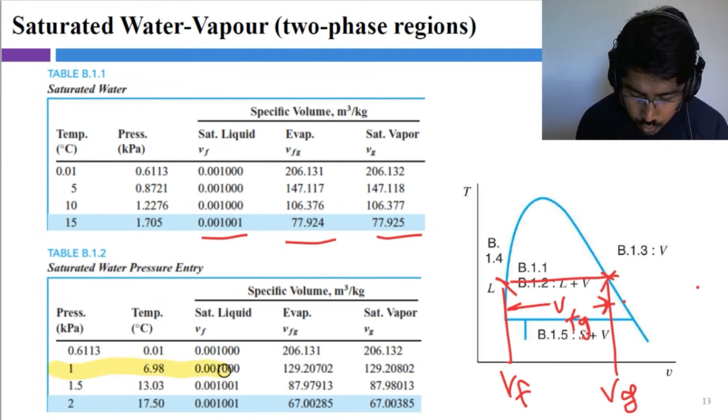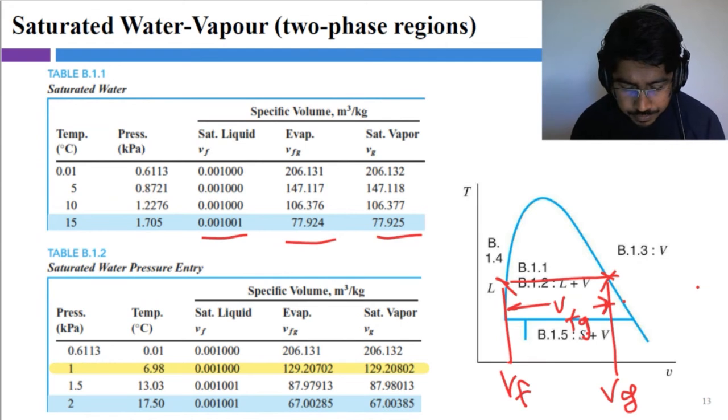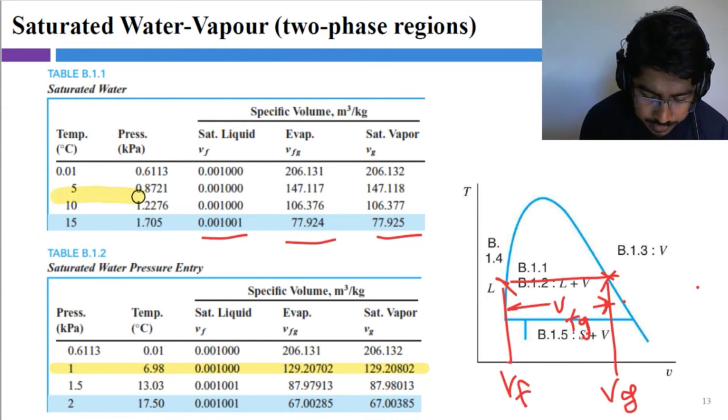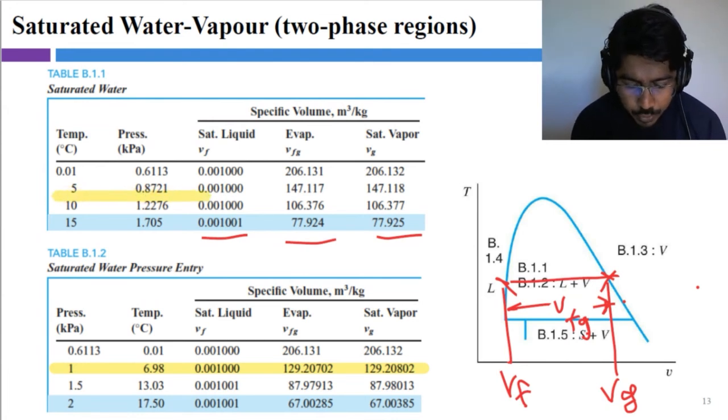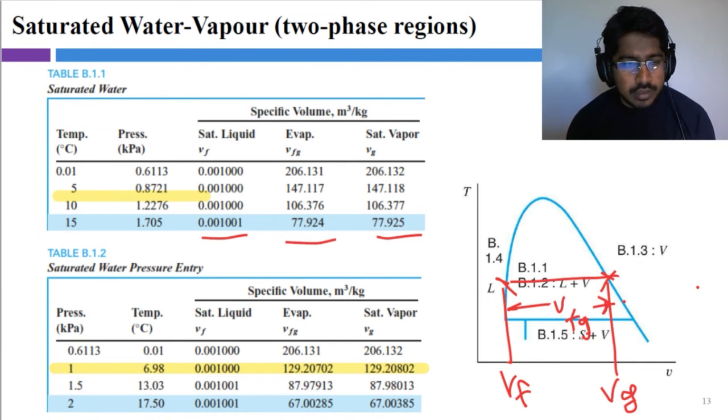So you pick one, and it's there. If you tried this with temperature entry tables, it would be difficult because you don't have exactly 1. You have 0.8 and 1.2, right? So only the bracket. You'll have to do some subsequent calculations to get to your answer.